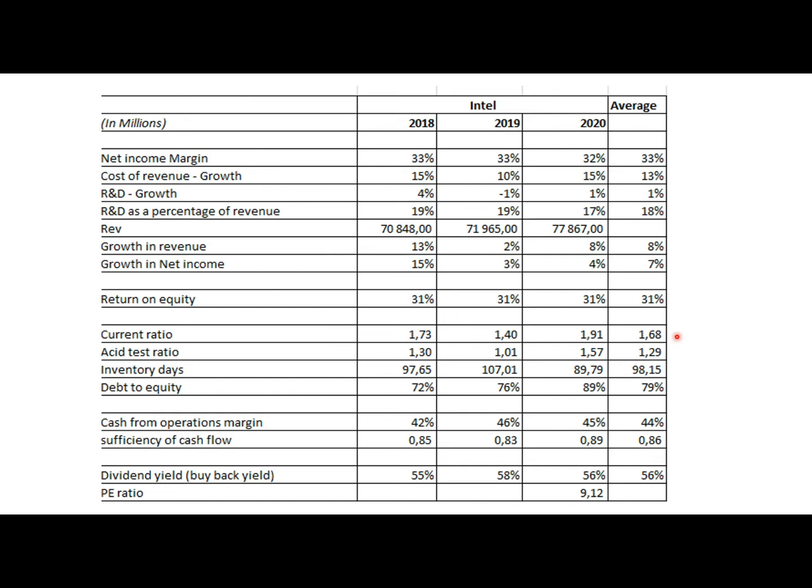Good thing about Intel is that it has well over 5.8 billion in cash, so in a pretty decent liquidity position. The inventory days have, however, outperformed the industry average. At an average of just over 98 days, versus the industry average of 101 days, it's very impressive. It highlights the fact that Intel doesn't hold inventory for longer than it needs to, especially when compared to the industry average.